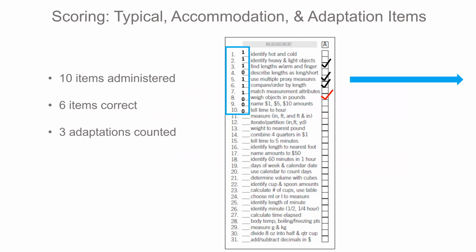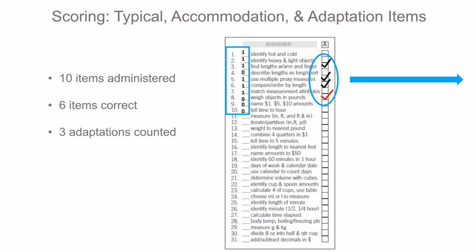The next step is to go back and look over how many of those correct items were given using the adaptation version. Go back through each subtest and count the total number of check marks in the A or adaptation item column. It is important to only count the adaptation items that were answered correctly.